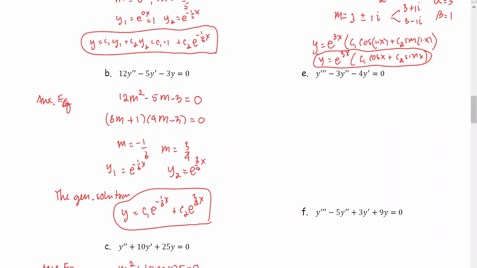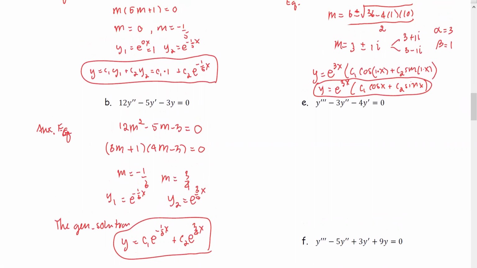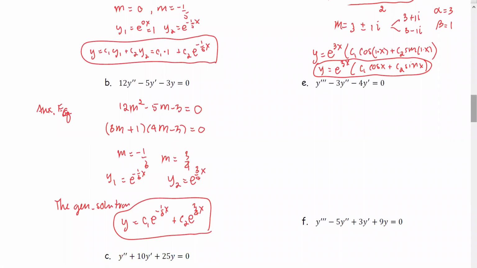Next example. Part E, we have y triple prime minus 3y double prime minus 4y equals 0. Set up the auxiliary equation to get m to the third power minus 3m squared minus 4m equals 0.